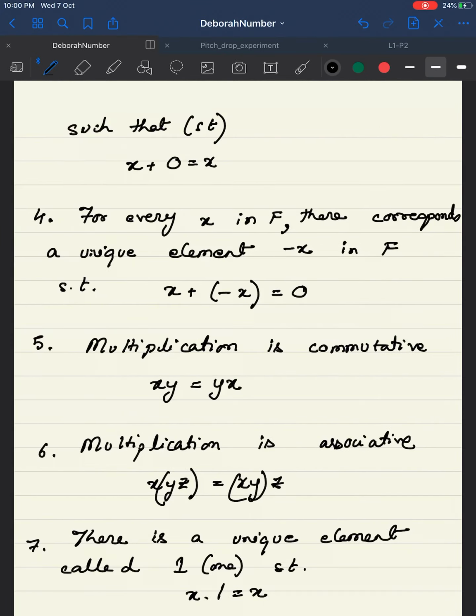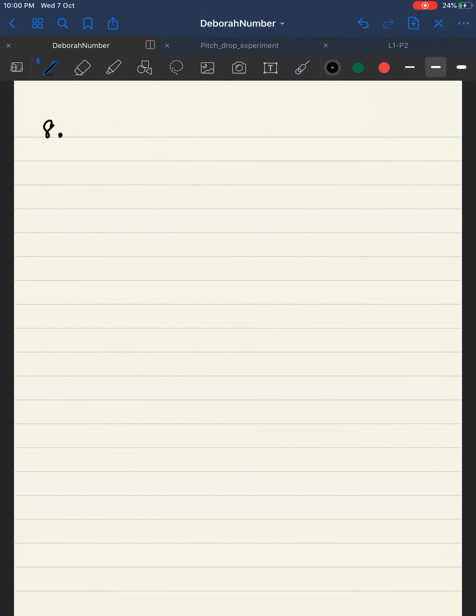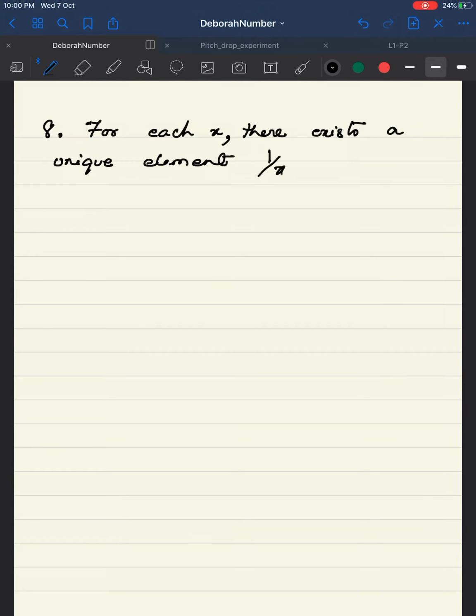What did we have when we were doing addition? We used it to define something called minus x. Here we will use this rule to define something called 1 by x, or the inverse. So for each x there exists a unique element 1 by x such that x into 1 by x equal to 1.